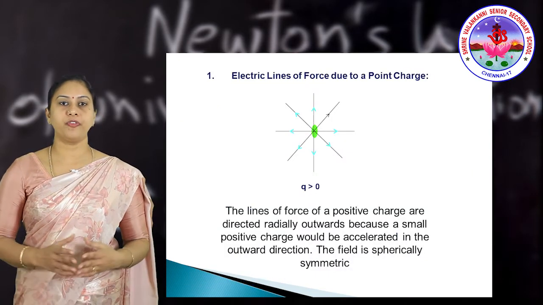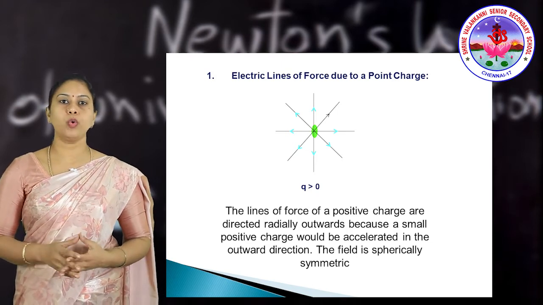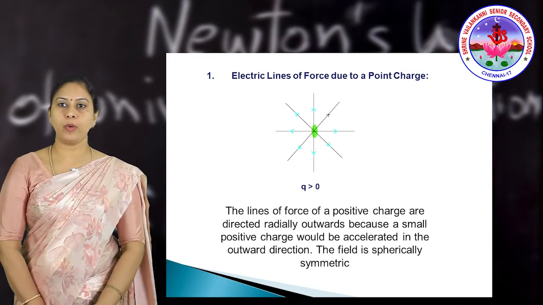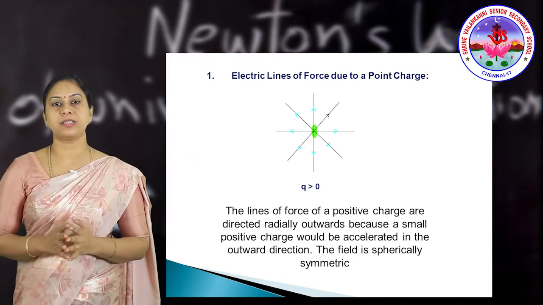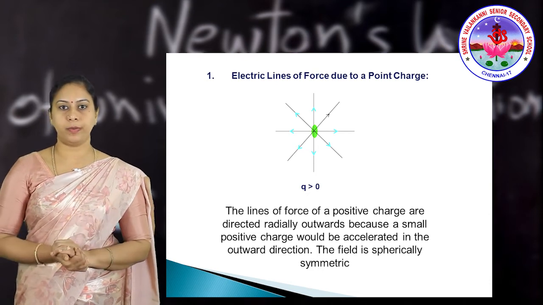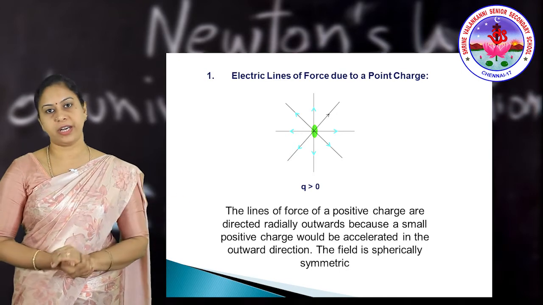Now, we will see the field lines due to a point charge. Suppose Q is greater than 0, see the diagram on the screen. The arrow marks are outward, which means the direction is radially outward and spherically symmetric in nature.